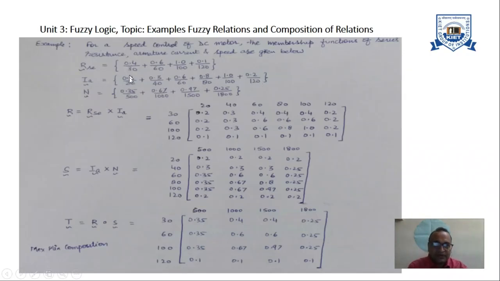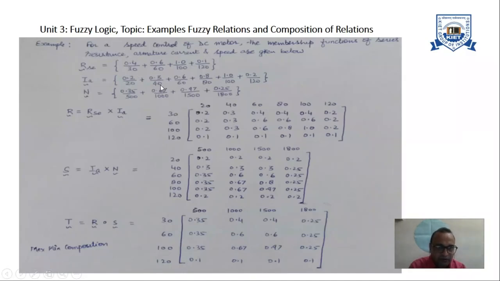In a fuzzy relationship, as I already told you, to make the Cartesian product we take the minimum value of the elements of the ordered pair. For example, I am making an ordered pair of 30-20. For this ordered pair, the membership value will be the minimum of these two, that will be 0.2. So for 30-20, the minimum value is 0.2.